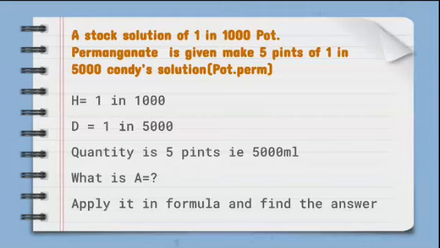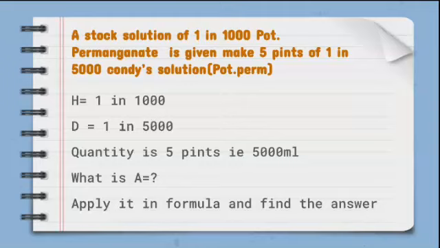So the stock solution is 1 in 1000, that is strength in hand, H is equal to 1 by 1000, and we need to make 5 pints, that is quantity is equal to 5 pints. 1 pint is 1000 ml, so 5 pints is 5000 ml. And the desired strength is 1 in 5000, that is 1 by 5000.